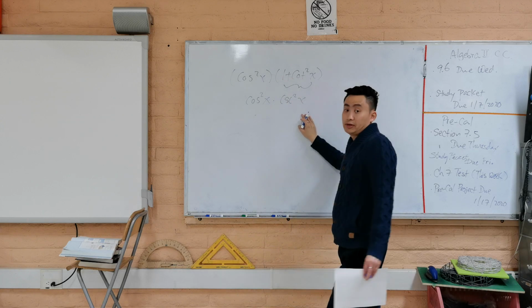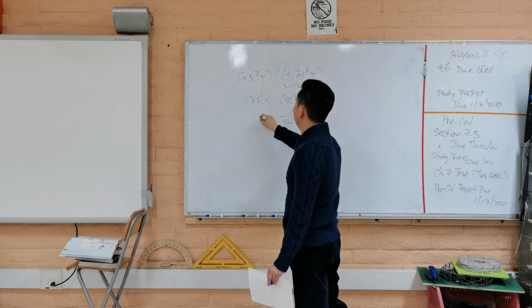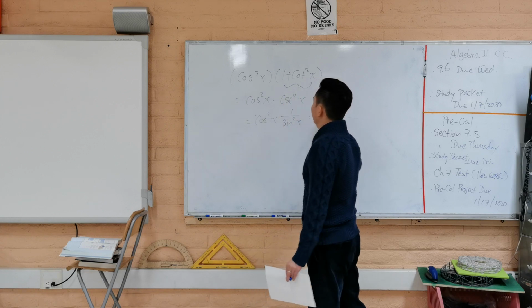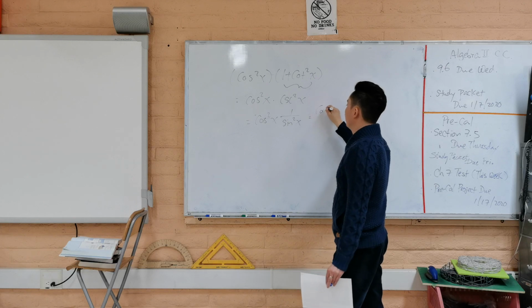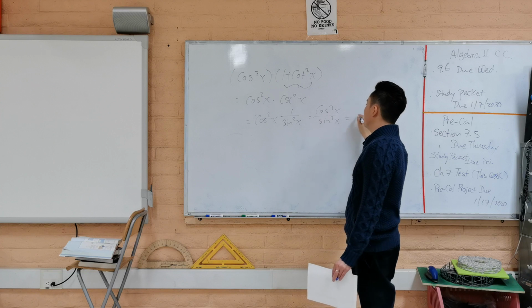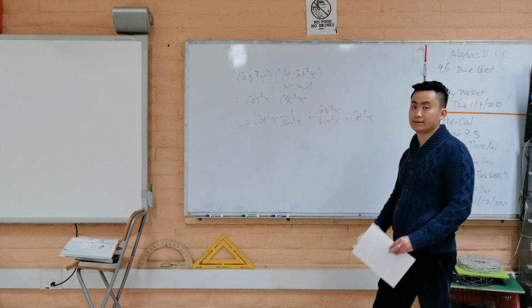Cosecant squared is 1 over sine squared of x, times cosine squared of x. Put together, cosine squared of x over sine squared of x, which is cotangent squared of x. That's the simplest form.